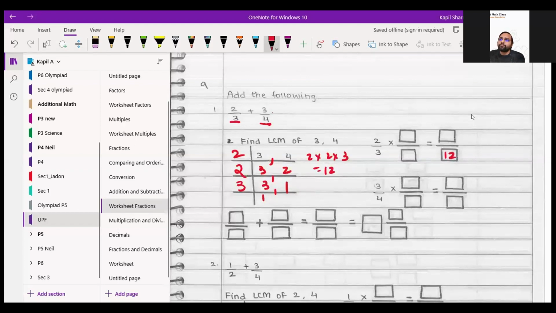So now we need to use the concept of equivalent fractions. 2 upon 3 should be equal to something upon 12. Now to get to 12, we need to multiply 3 by 4. That means the numerator should also be multiplied by 4. So this becomes 8 upon 12.